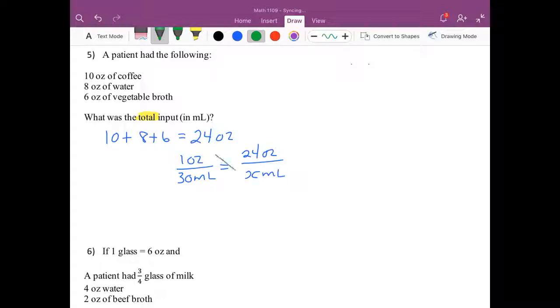And again, I'm going to do some cross multiplying here. So I get X equals 720 milliliters. So that means the patient had an input of 720 milliliters.